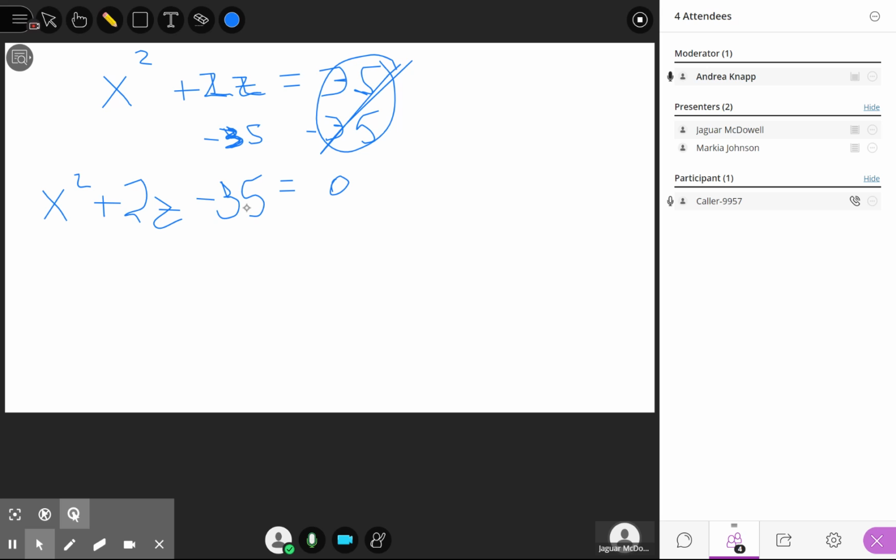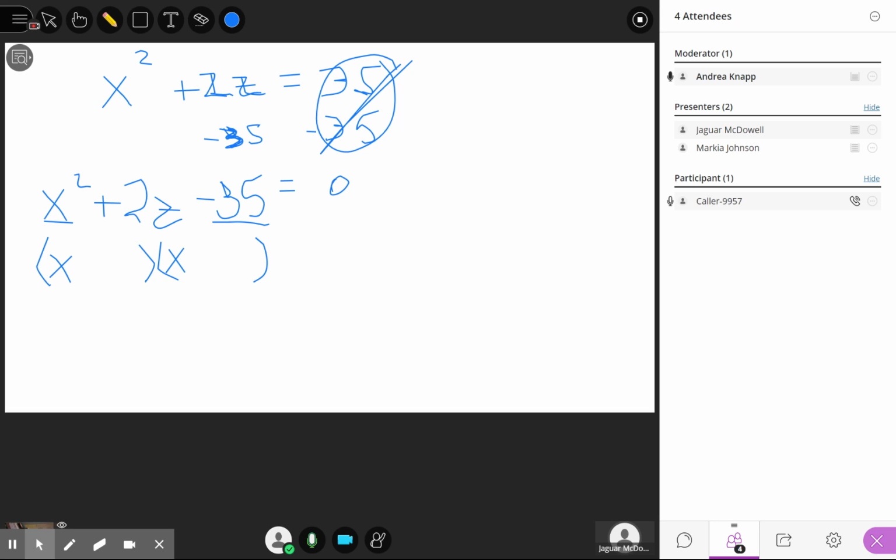All right, now let's try to factor this. Let's think, what times what is x squared? Well, x times x gives us the x squared. And now we want to think, what multiplies to negative 35 that would add to positive 2? So we're trying to think of those factors of negative 35.